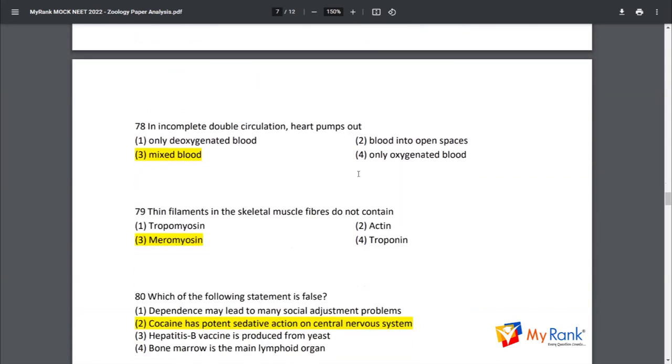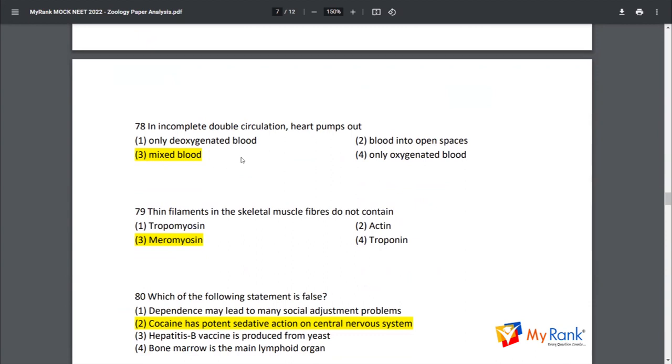78. In the incomplete double circulation, heart pumps out. So incomplete double circulation is found in amphibians because of a partially separated ventricle. Now the type of blood that is circulated from the heart in an incomplete double circulation is mixed blood.